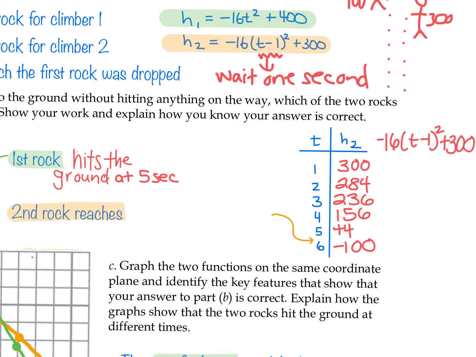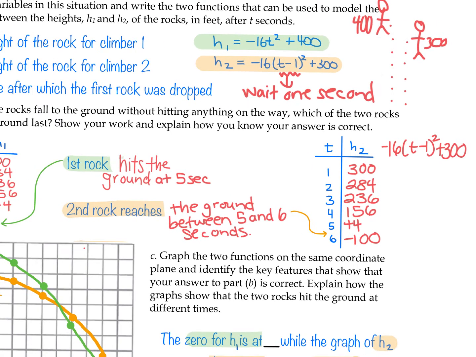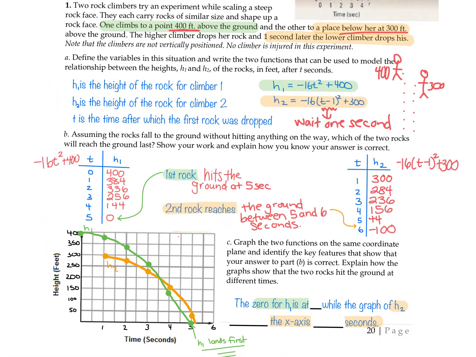So the rock reaches the ground between 5 and 6 seconds. Because at 5 seconds it was still above the ground, at 6 seconds it's below the ground. All right. So then it wants to know which rock reaches the ground last. So the second rock is last.